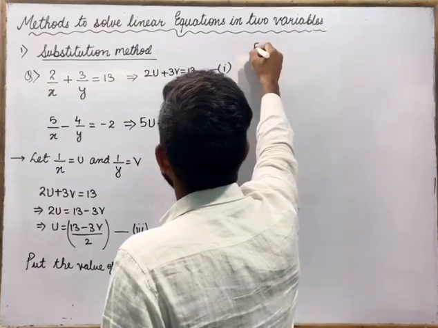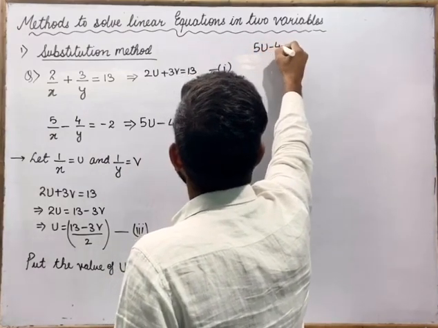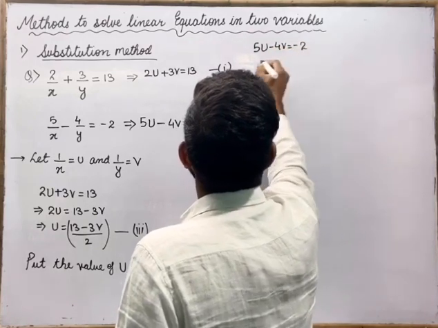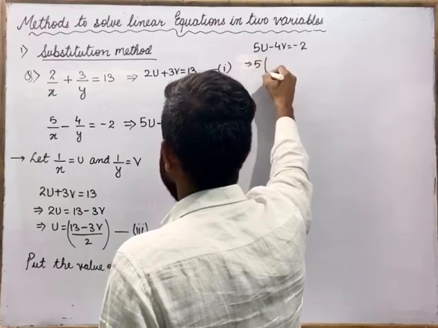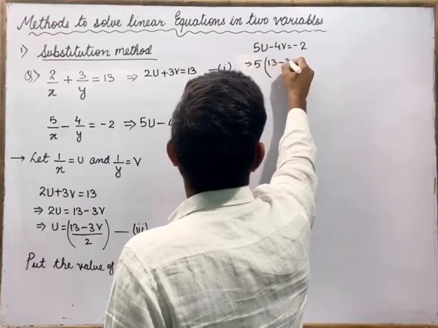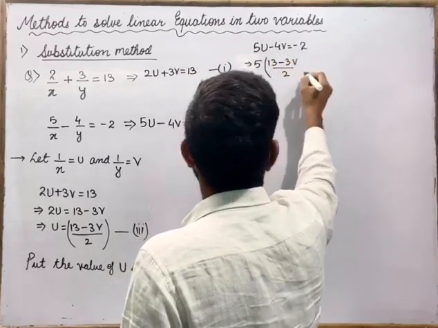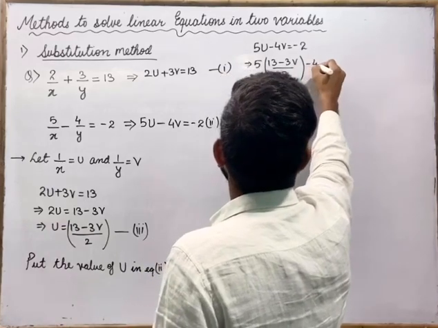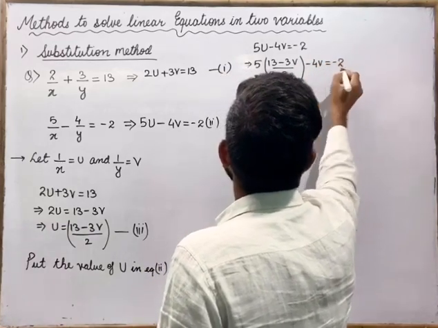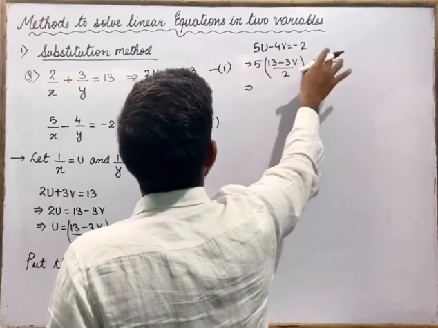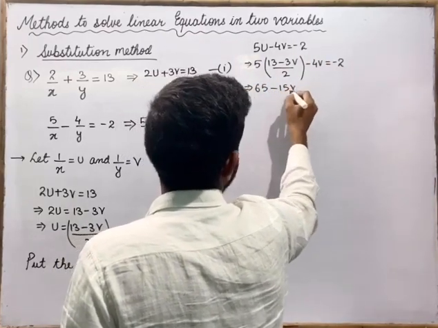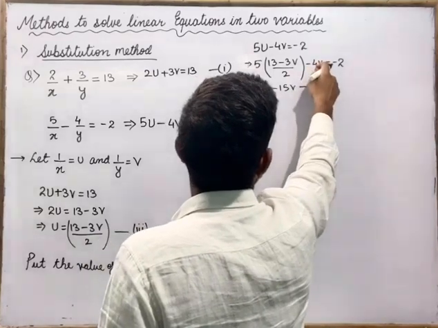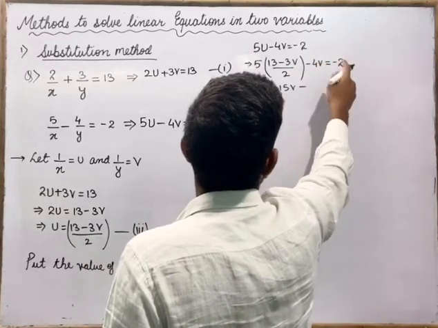It is 5u minus 4v equals minus 2. So what is u? 5 into (13 minus 3v) by 2, minus 4v equals minus 2. Let us do it in a single shot. This is 65 minus 15v. 2 will multiply here and 2 will also be multiplied this side.